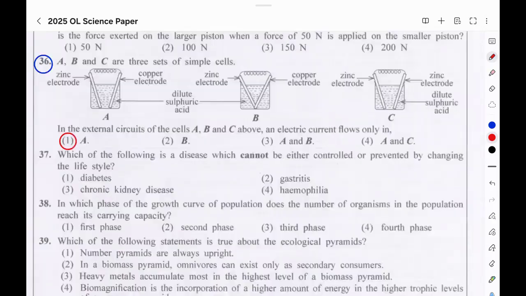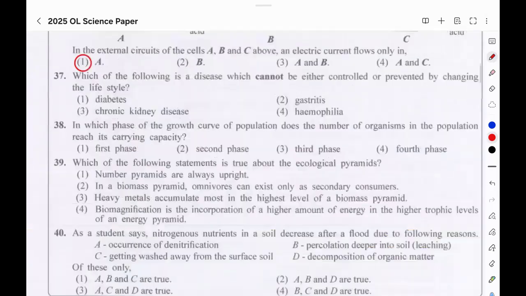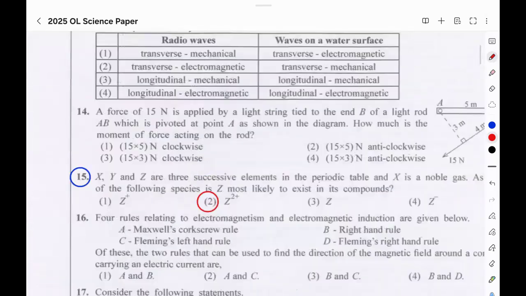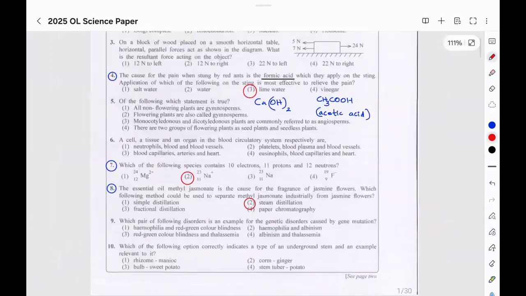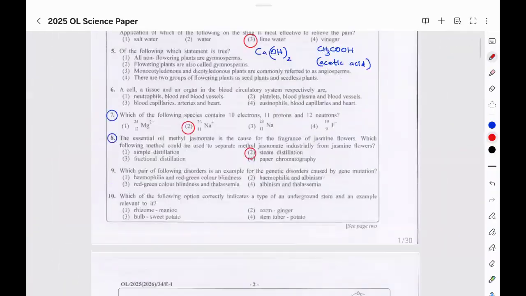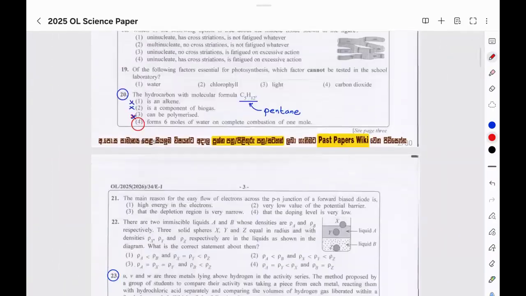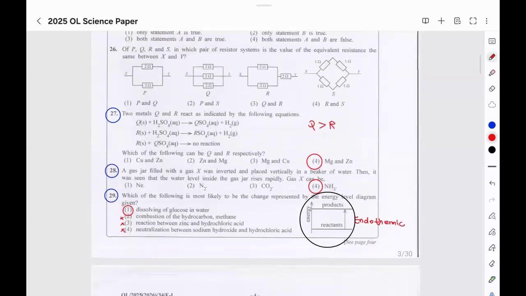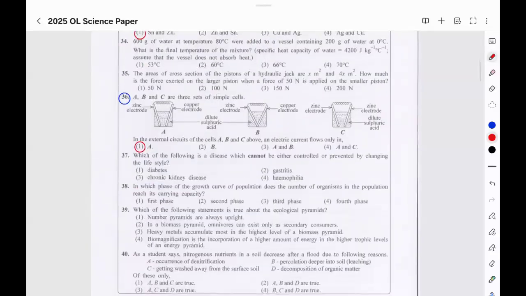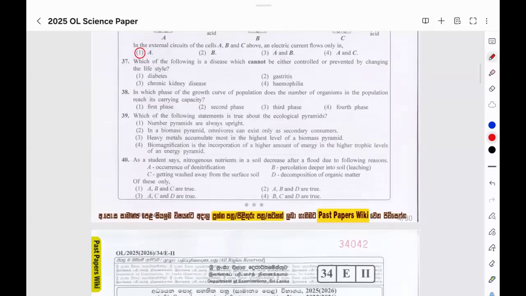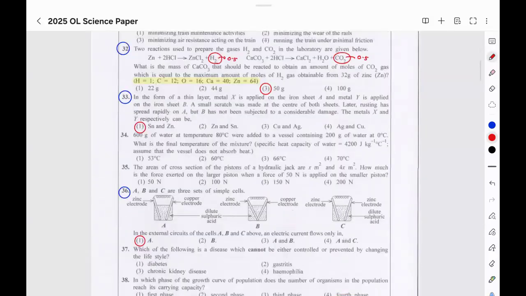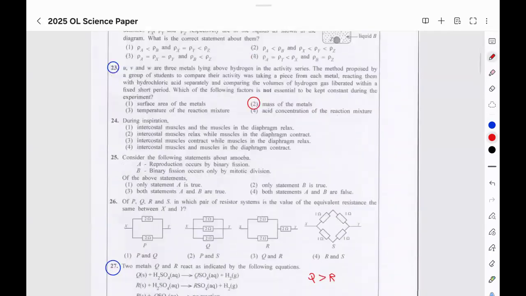Right. Then in the 2025 paper, all the chemistry questions are completed. So how many questions did we do so far? 1, 2, 3, 4, 5, 6, 7, 8, 9, 10, 11, 12. So there are 12 questions from chemistry units. The questions are not hard.